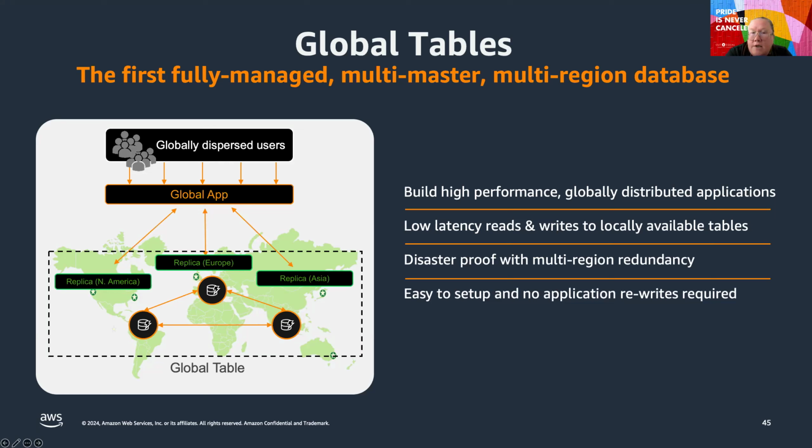So it's also disaster proof, same as Aurora. It has multi-region redundancy in case of something really catastrophic happening. It doesn't change the way that you develop your application, though. If your application is developed on DynamoDB and you convert to a global table, you don't have to change your application.